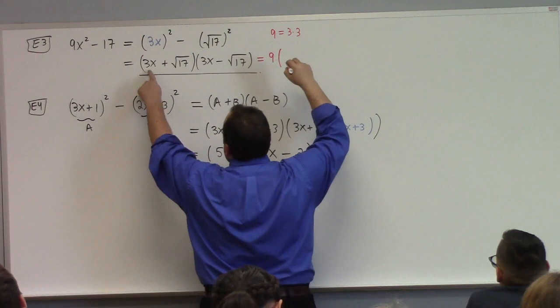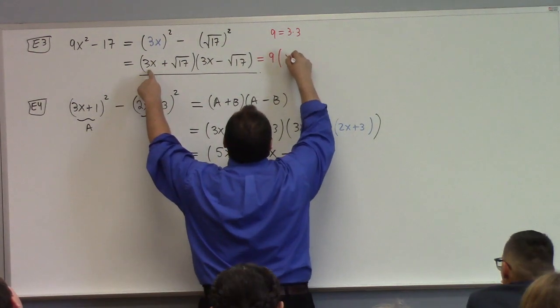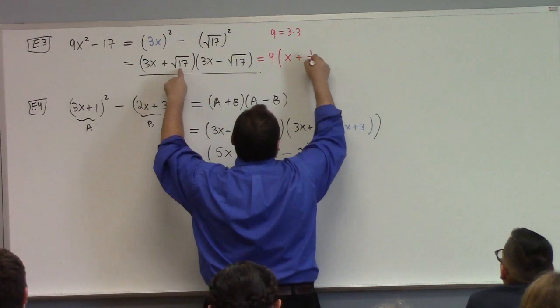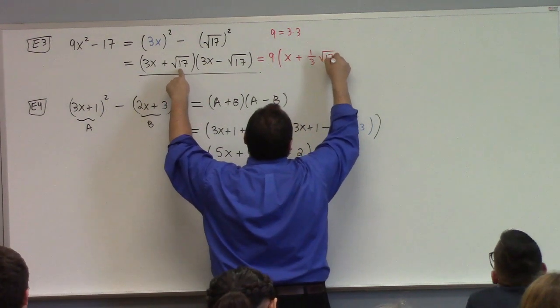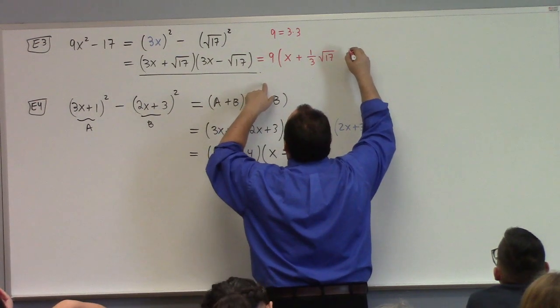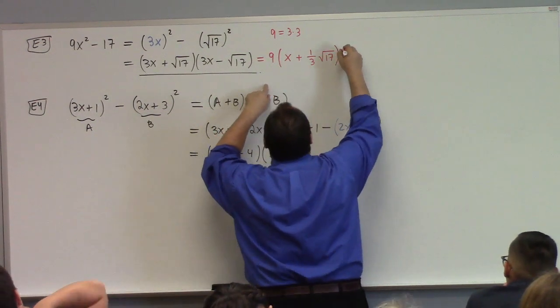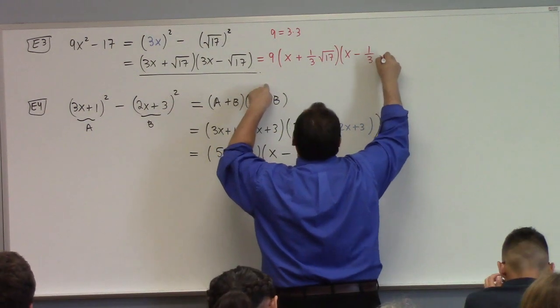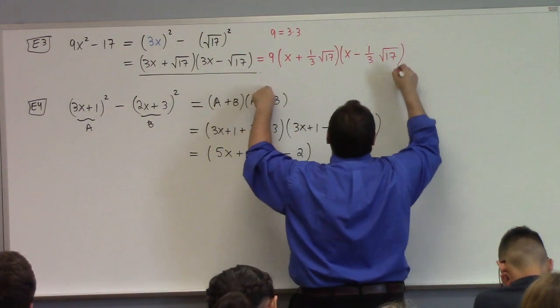I can factor a 3 out of this. And what do I have to do to be fair? Well, I could put 1/3 square root of 17. And then this would be x minus 1/3 square root of 17.